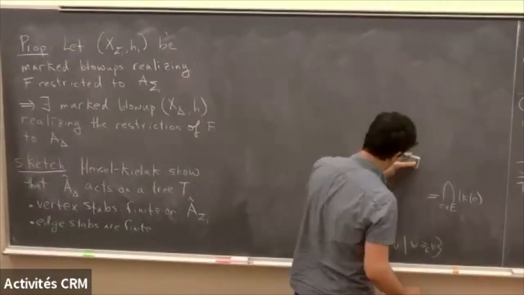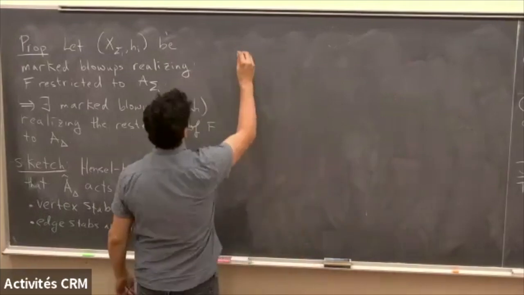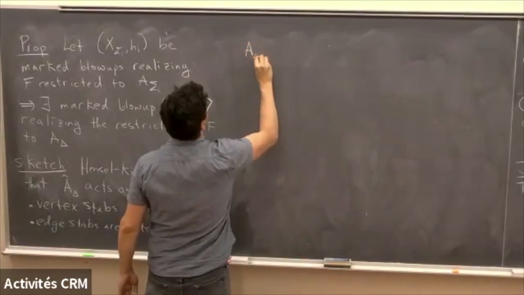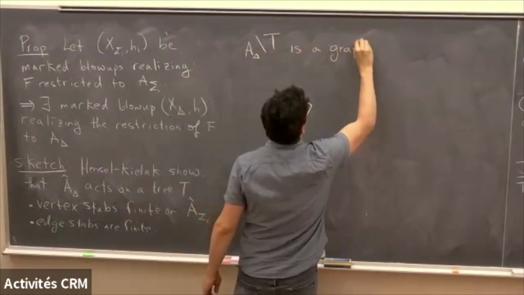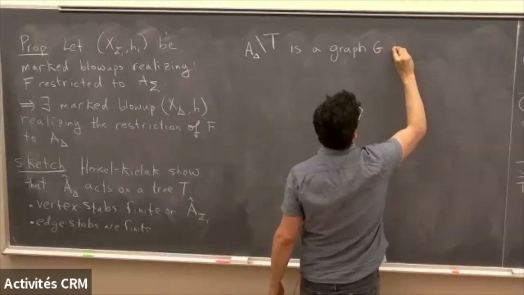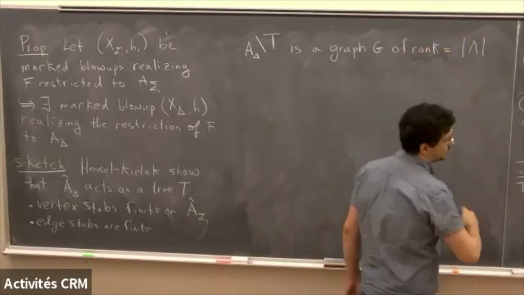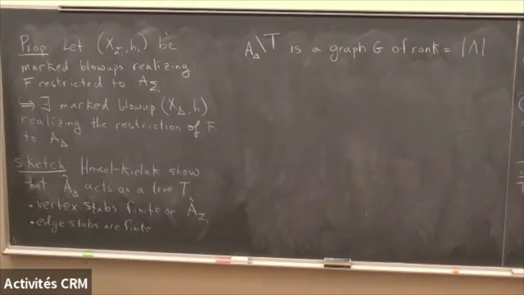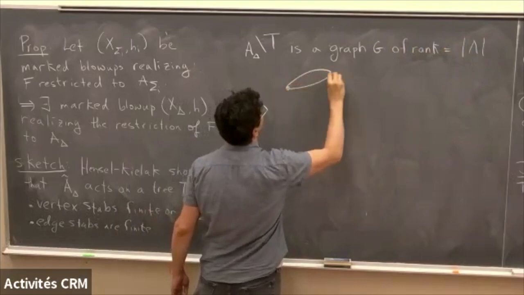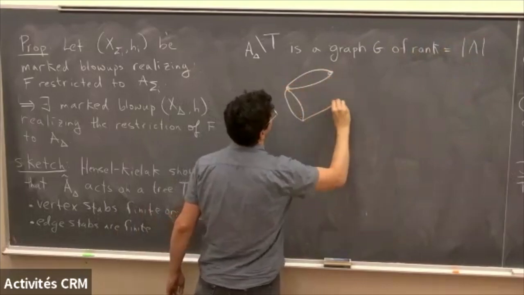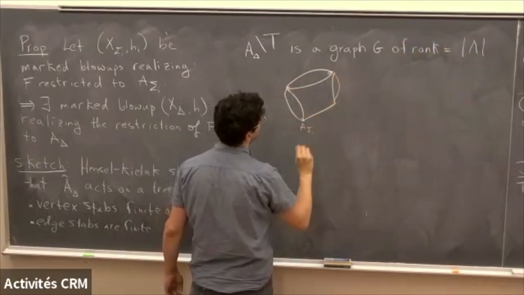And so in particular, when you quotient this tree by A delta, you get a graph G, let's say of rank equal to the free part, this free part here, okay? So you get some graph. And then each one of these edges is labeled by one of the A sigma i's.